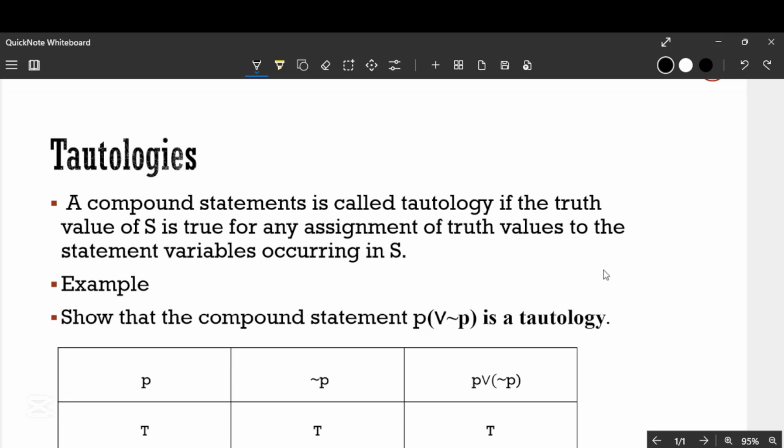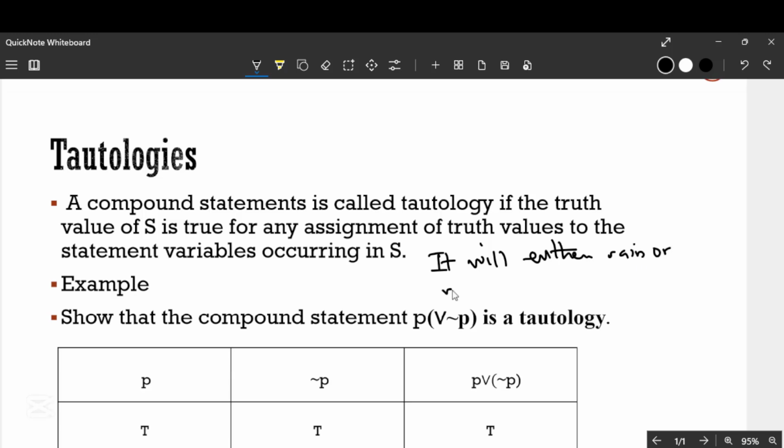Now let's use a real life example. A statement that is always true is a tautology. Example: it will either rain or not rain tomorrow.